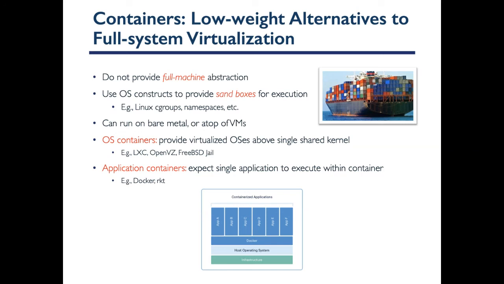They usually provide abstraction to processes, but they rely on the kernel, so they don't bring up an entire operating system. But they provide a lot of abstraction. For instance, with something like Docker, you provide isolation between all the applications that you're running.